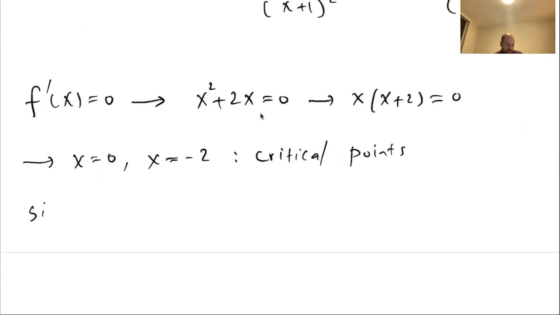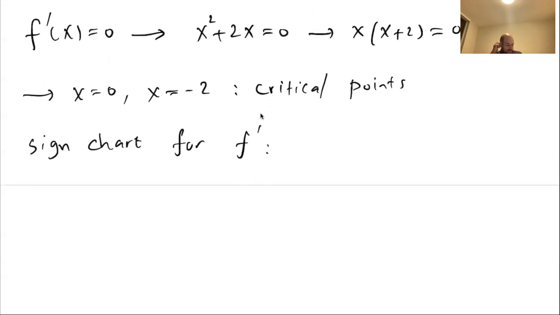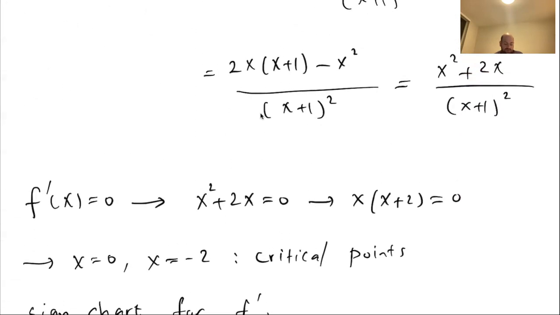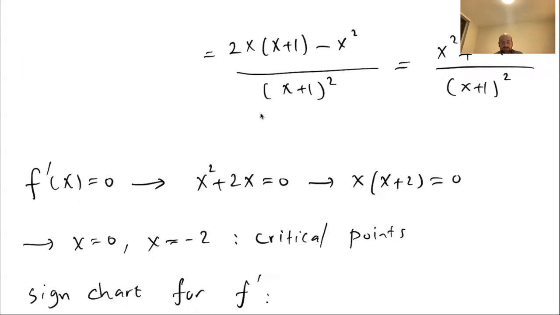Then sign chart for f prime. Let's look at the sign chart for f prime. So these are the x values. We have minus 2, and also a 0 of the denominator. We said that we should include it in the sign chart.